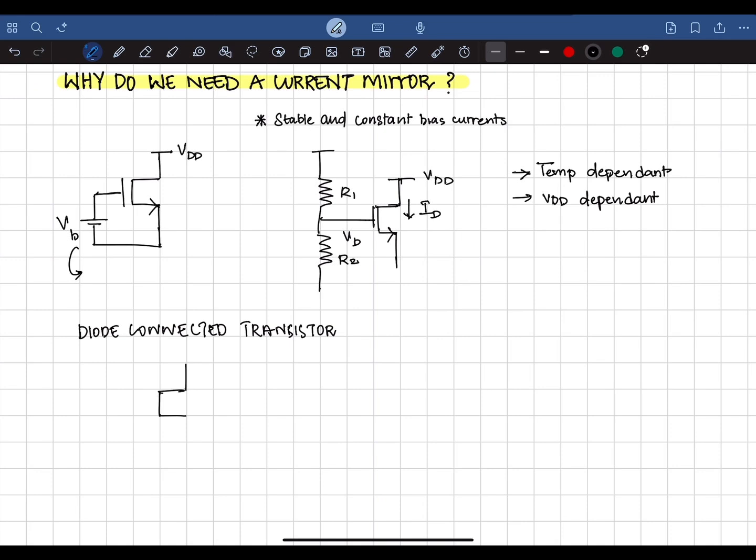A diode connected transistor is a configuration where the gate terminal is connected to the drain terminal of a transistor. An interesting feature about this configuration is the transistor always remains in saturation.